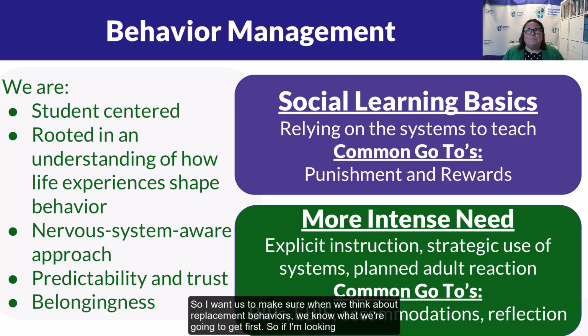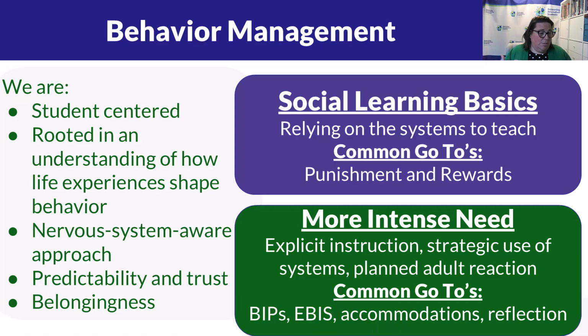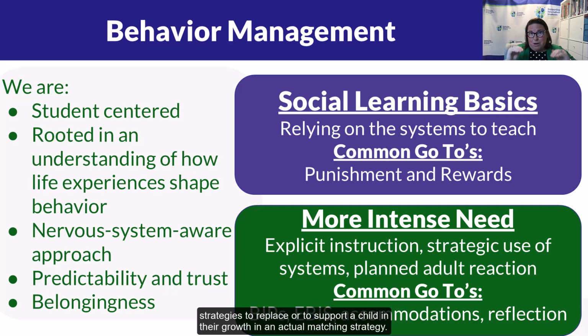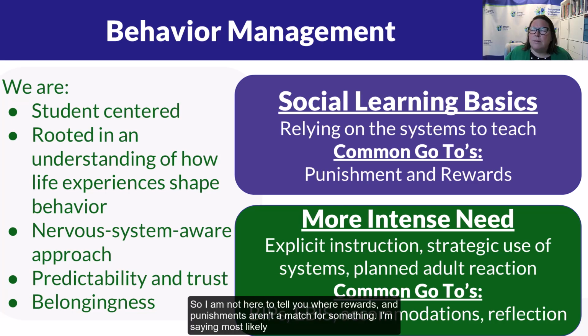So I want us to make sure when we think about replacement behaviors, we know what we're going to get first. If I'm looking at a student who doesn't have all the skill sets to be able to get the output that we want, the social demand met, or the impact of behavior to go down, whatever the output is, we need to make sure that we're approaching our strategies to replace or to support a child in their growth with an actual matching strategy. So I am not here to tell you rewards and punishments aren't a match for something.